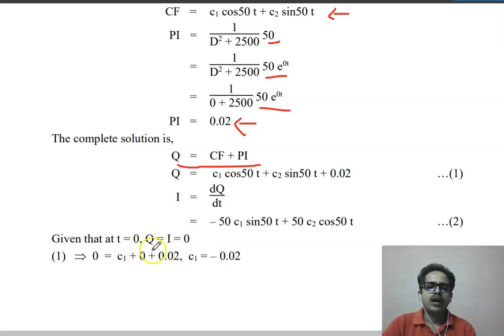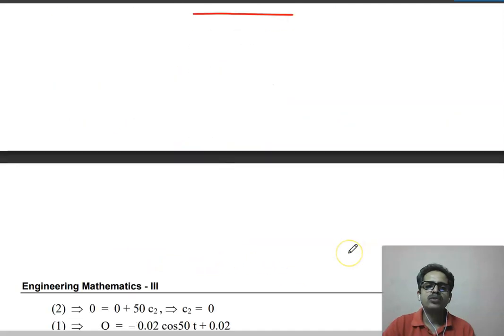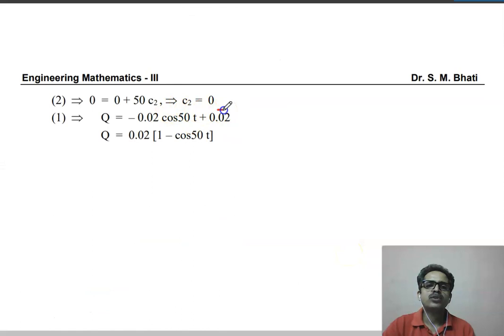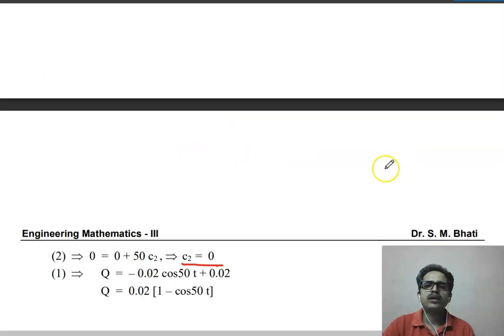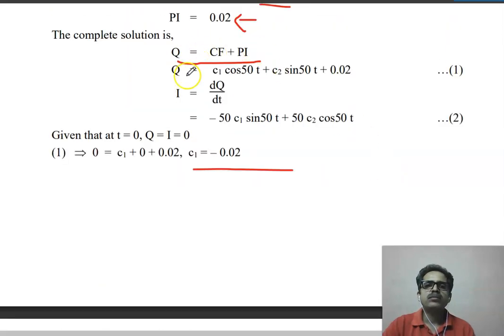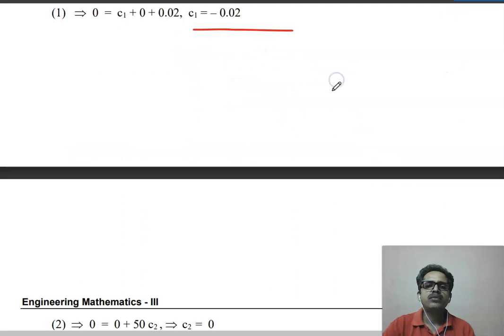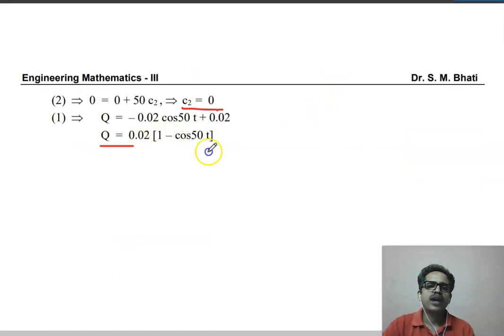Using these conditions in equations 1 and 2, we can get the value of constant C1. Also you can get the value of C2. And once you obtain the values of constants C1 and C2, put them in this equation. In this equation we can get the charge at any time t.